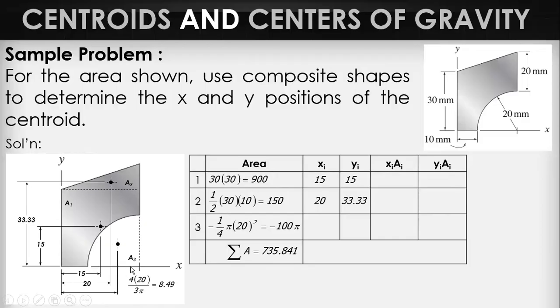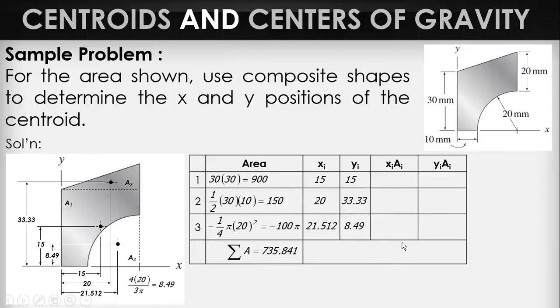This is 4r over 3 pi, or simply 8.49. Therefore, this distance is equal to 30 minus 8.49. And that's 21.512. But y bar is equal to 8.49, 4r over 3 pi.